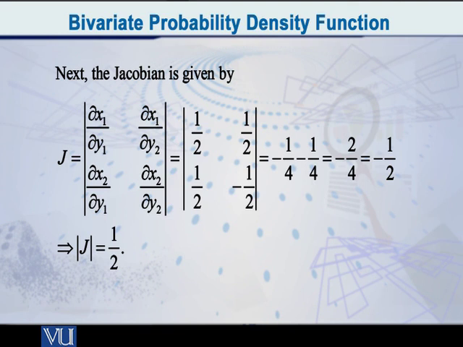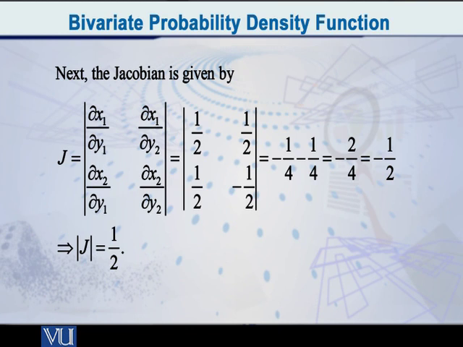Now, J is equal to the determinant of partial x1 by partial y1, and then just go row-wise, partial x1 by partial y2, and then go to the second row, partial x2 by partial y1, and the last one, partial x2 by partial y2.